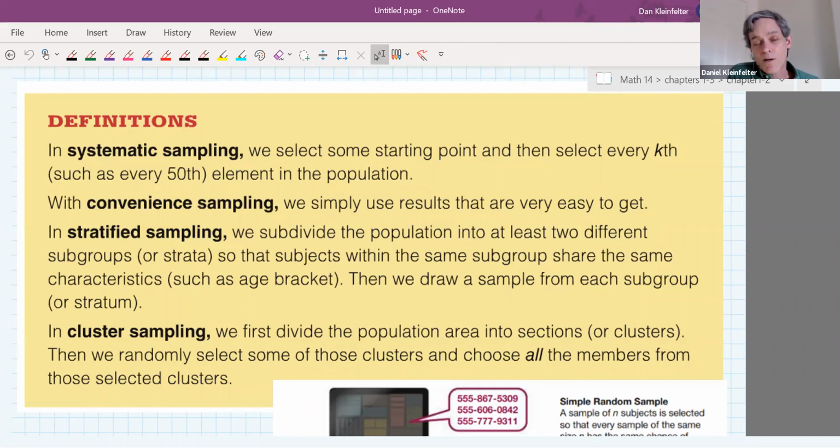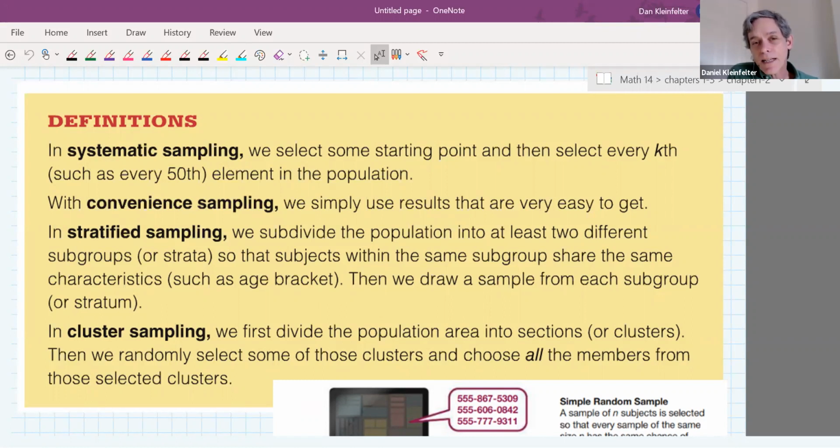You don't want to get the workers especially tired or anything like that. You want a random sample. So we might say, let's take the third toaster that's produced, and then after that, we'll take every 25th toaster that comes afterwards. So the third, the 28th, and then 28 plus 25, 53, every 25th toaster afterwards. Let's say that would give us a systematic sample.